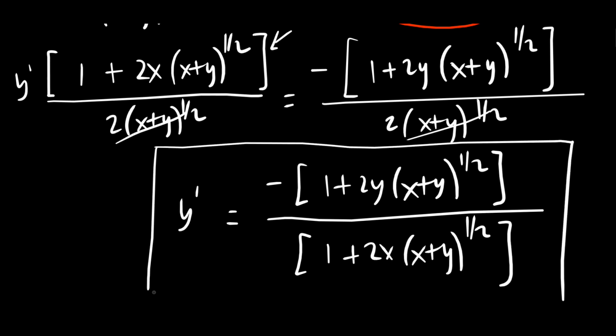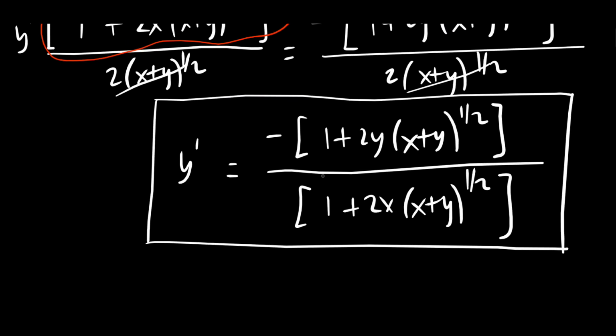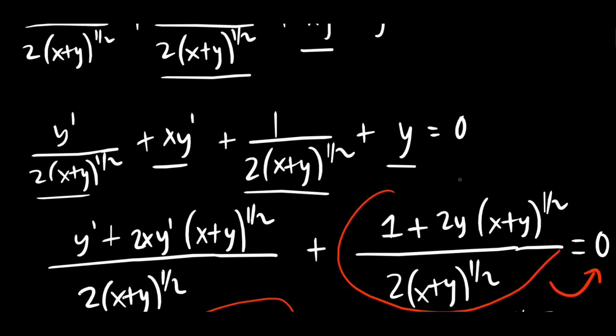So let's check if our answer is correct. Don't be confused, because we just cancel the denominator on both sides, and then we just divide both sides by this term here. We took a shortcut to save time.